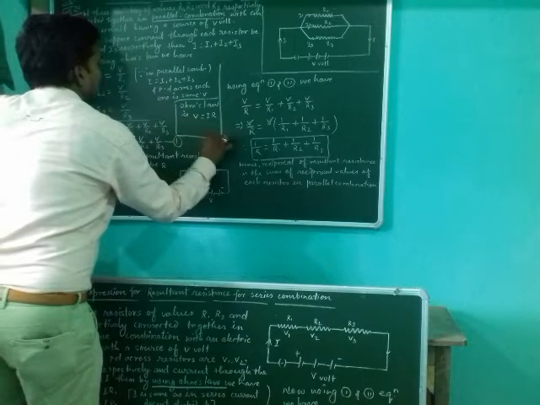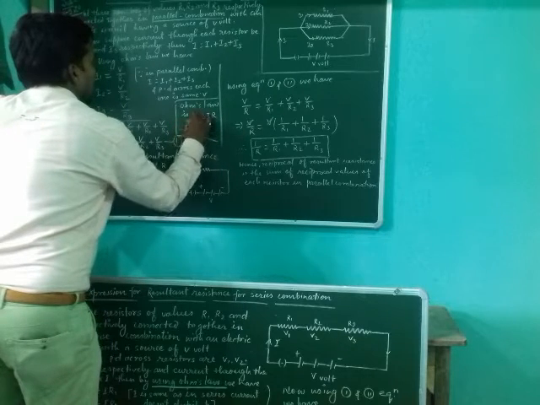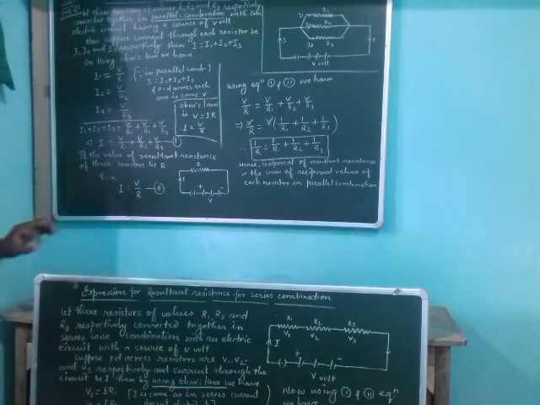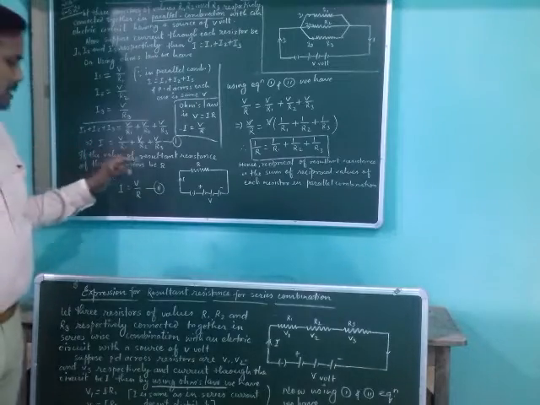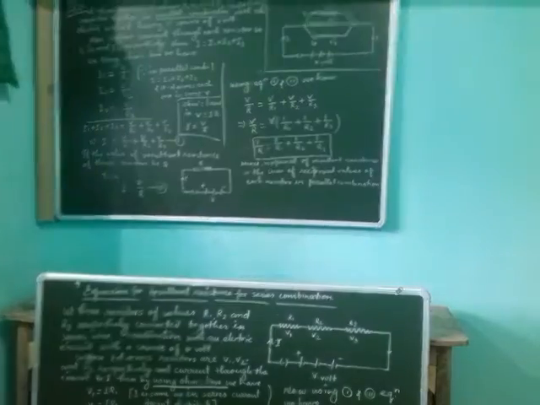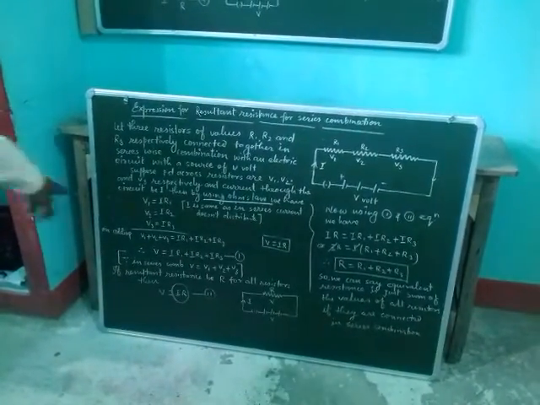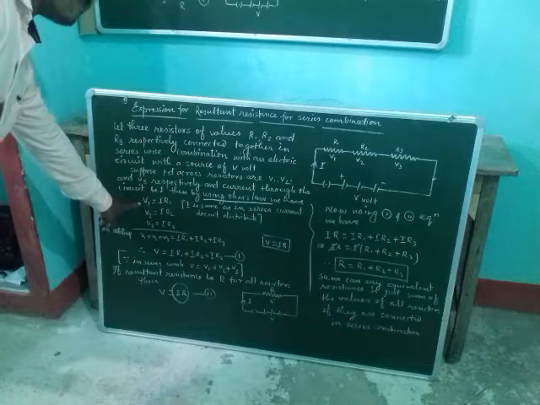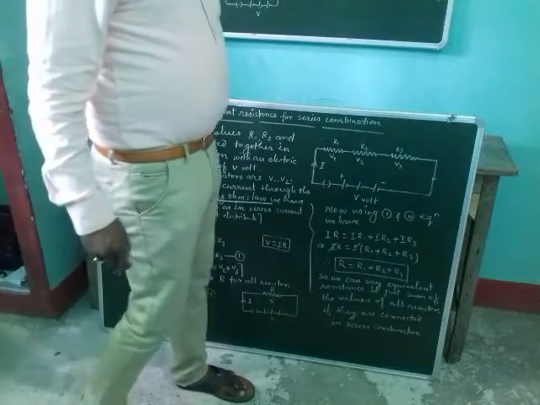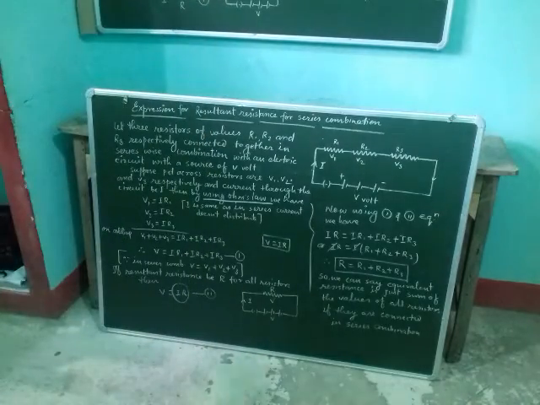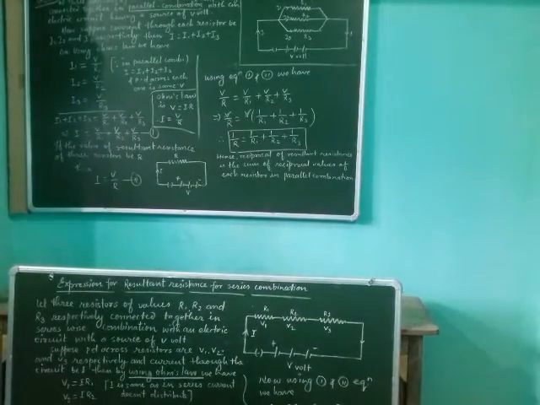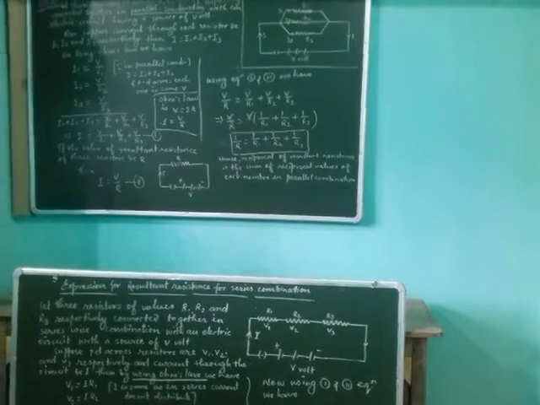So we will have I is equal to V upon R. You can ask a question: there I got the values V1, V2, V3, but here I1, I2, I3. Why? Because I1, I2, I3 are changing here in parallel, but in series V1, V2 and V3 were going to change.